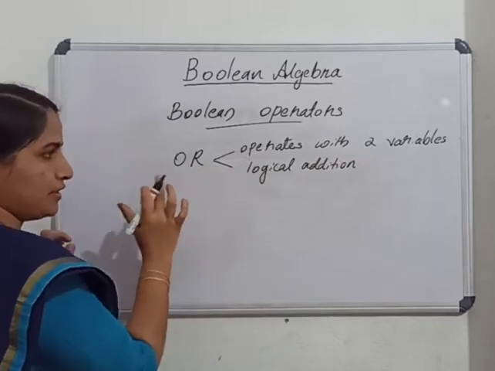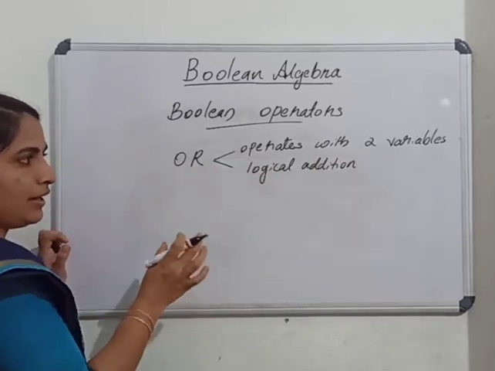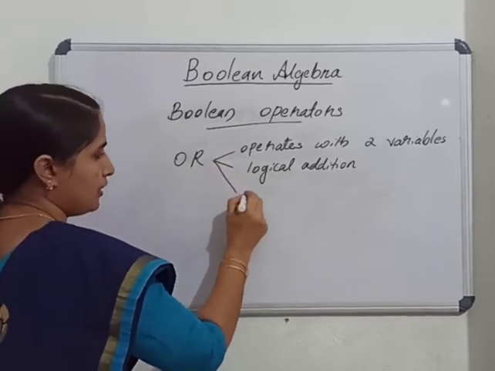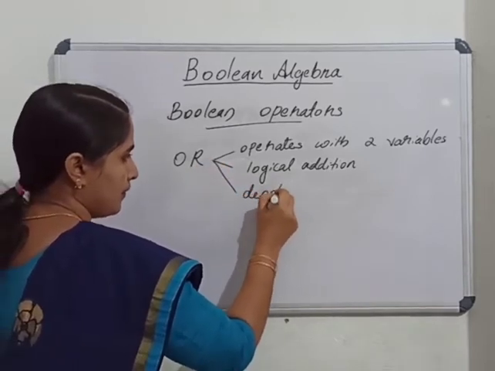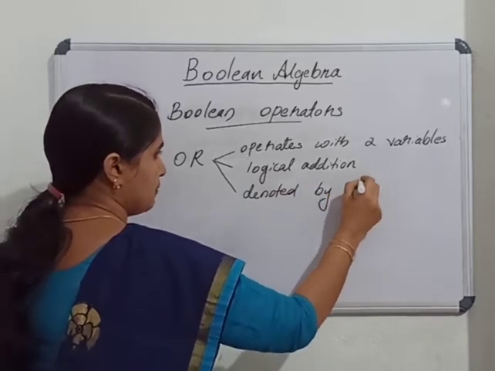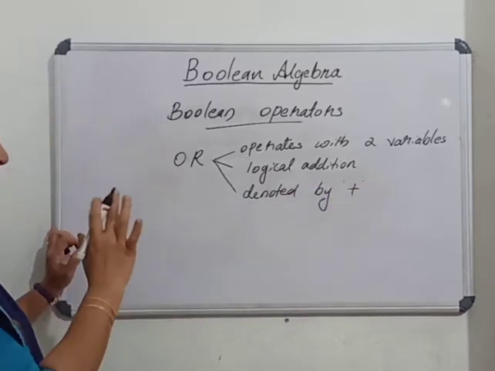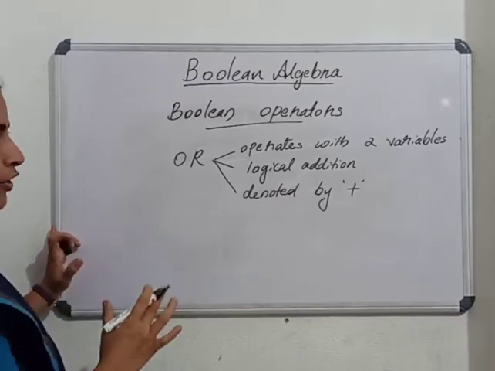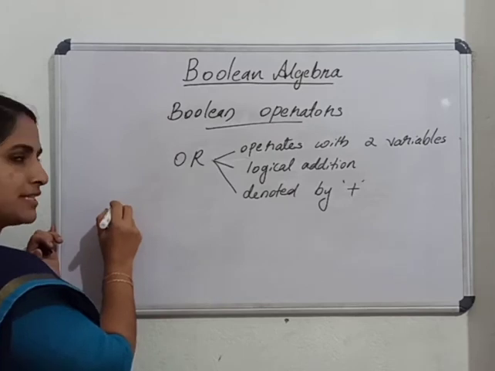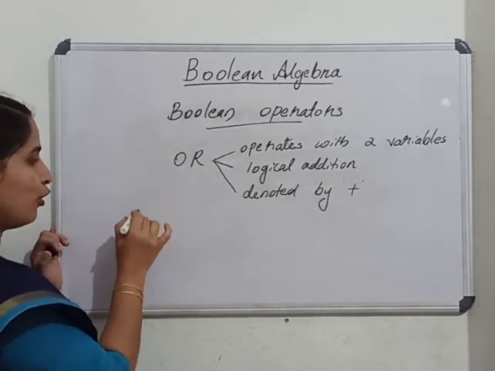OR operator is used for adding two numbers logically, and it is denoted by the plus symbol. Okay, that is the OR operator. One more point is there that I will explain after drawing the truth table. So please help me to draw the truth table of the OR operator.